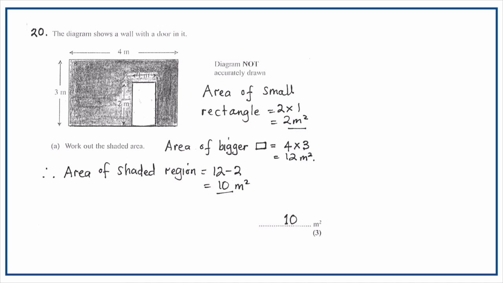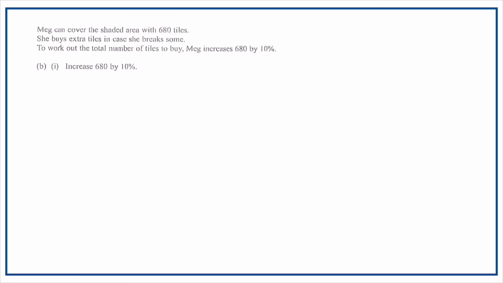Well, Meg can cover the shaded area with 680 tiles. She buys extra tiles in case she breaks some. To work out the total number of tiles to buy, Meg increases 680 by 10%.